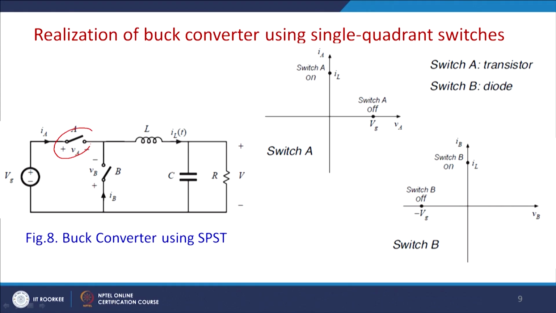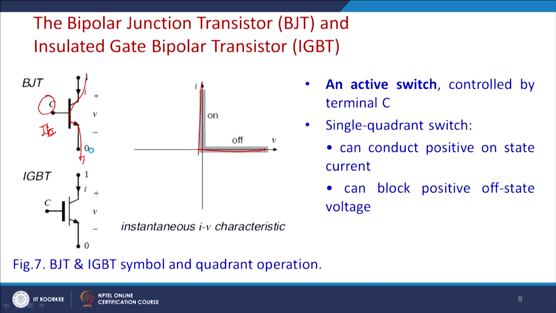Now, let us see the same buck converter. We revisit the circuit using 2 SPST switches, which was shown in the second slide. So, this is the mechanical SPST switch and another SPST switch. We can use these 2 SPST switches to realize it.